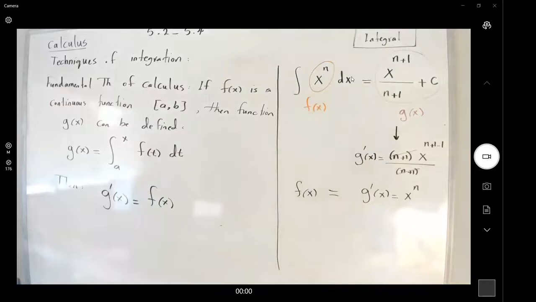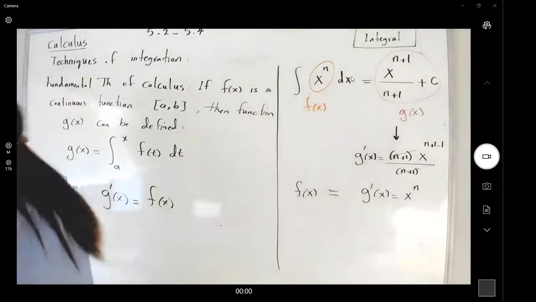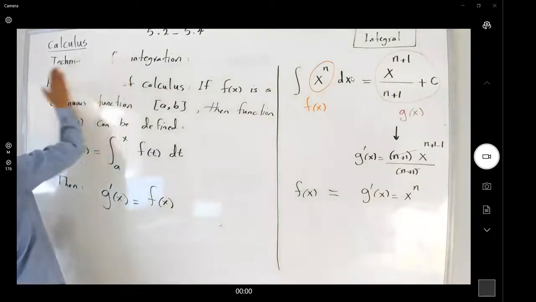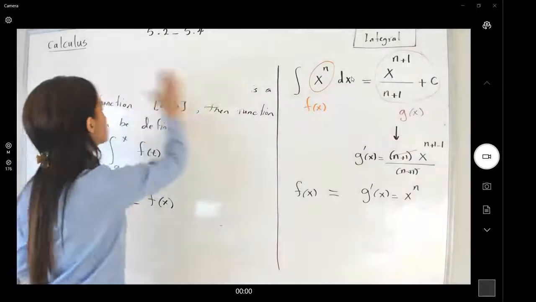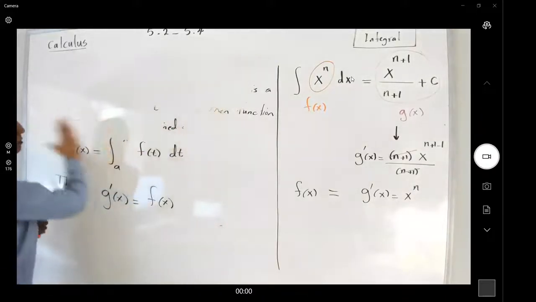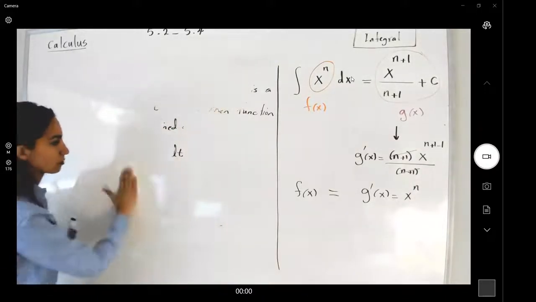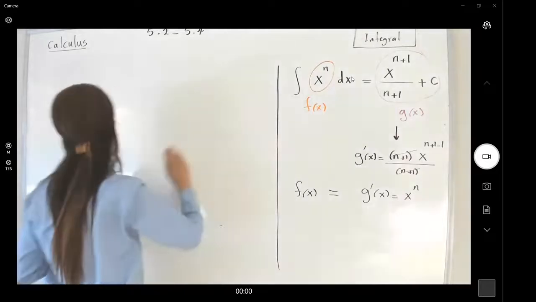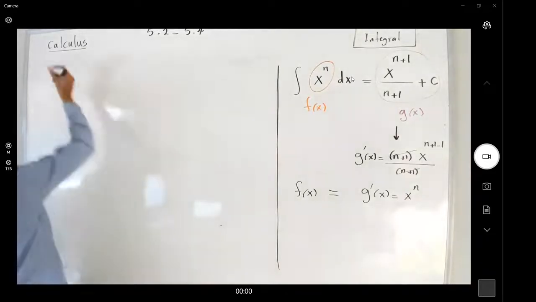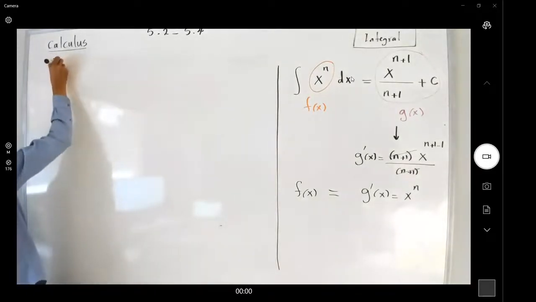So let us introduce more formulas, more techniques. More integrals.